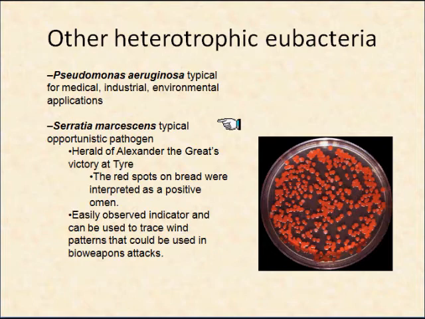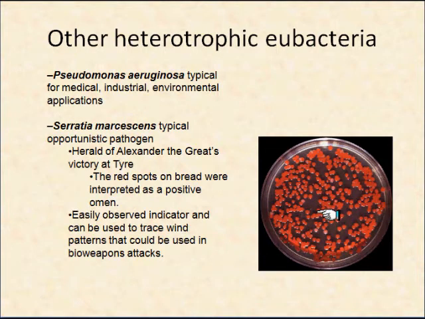It showed up in some bread, and someone read that as an indicator that they would win a bloody battle. And so it was a positive omen. As you can see, this does have these bright red colonies, and so it looks a little bit like blood. This also showed up on communion wafers, and it was thought of as the blood of Christ, because it does have this bright red colony.